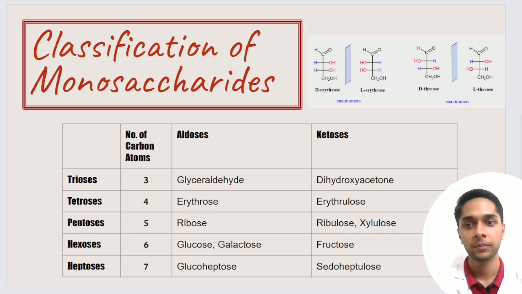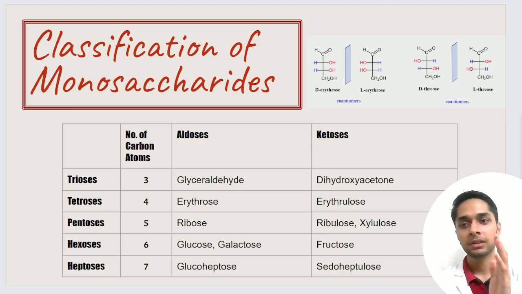If we classify them on the basis of number of carbon atoms in their carbon chain, they can be trioses, tetroses, pentoses, hexoses, heptoses, and so on. Now, if we combine these two classification systems, something very interesting happens. If we look at the columns, we see that there's an aldose, and if we take a look at the rows, there's a triose.